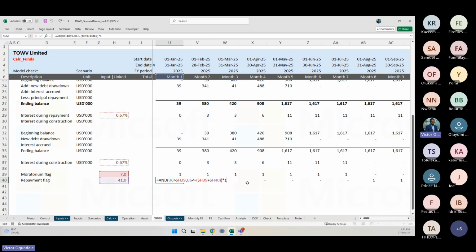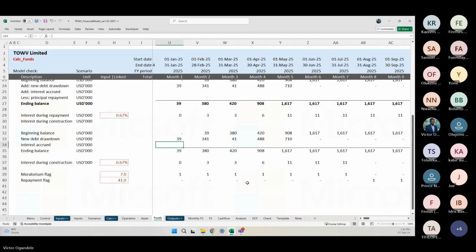The first thing is AND function, check the first condition. My list of months, are you greater than my moratorium period? Remember to lock the column of your moratorium period, comma. Then the second condition will be the list of my months. Are you lesser than or equal to, open your brackets, my moratorium period, lock the column, plus my repayment period, lock the column, close the brackets 2 times and multiply it by 1 and drag that across.